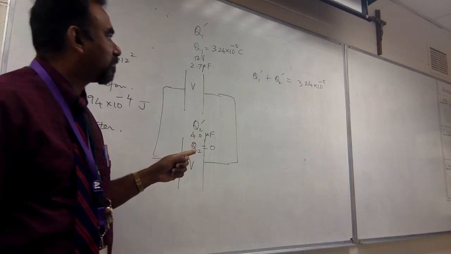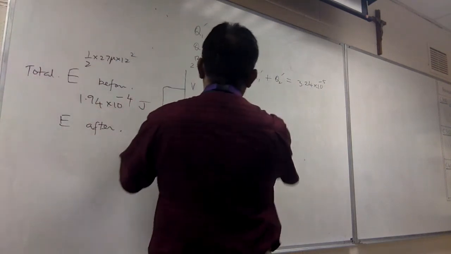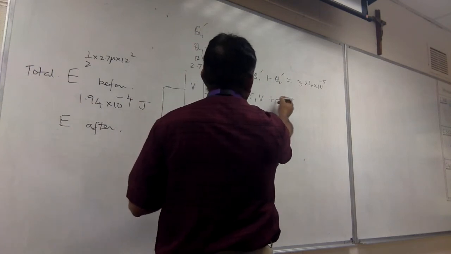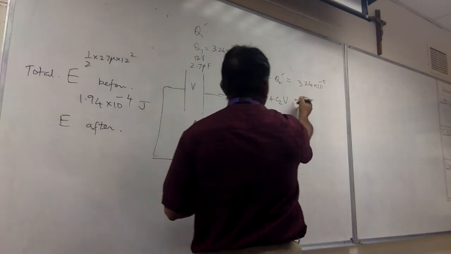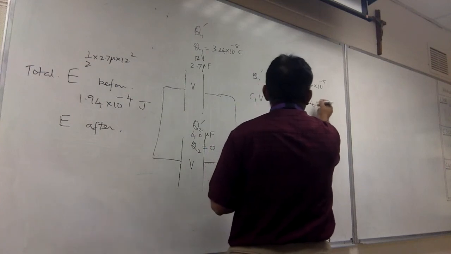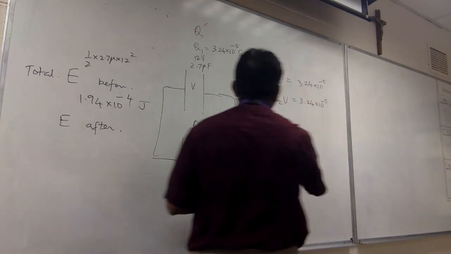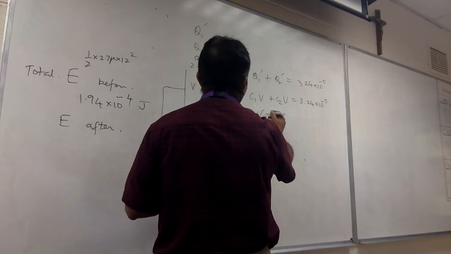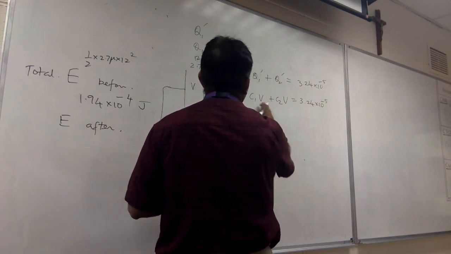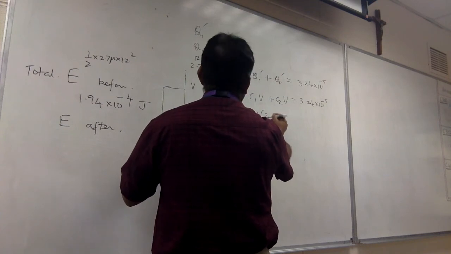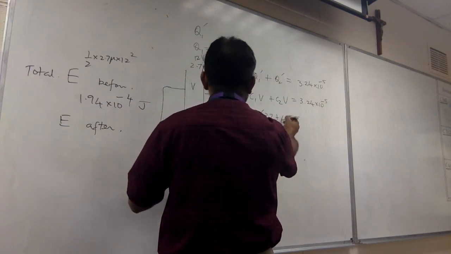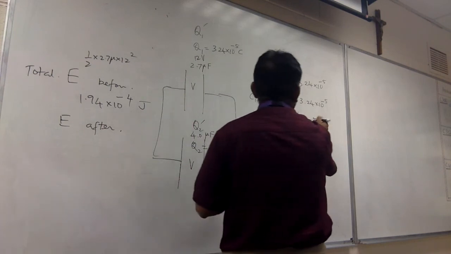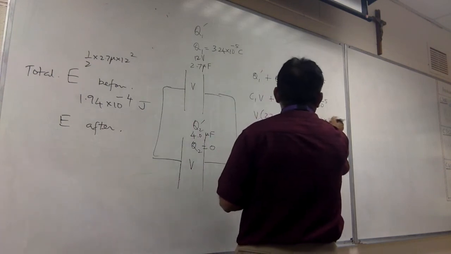And this one is C1V plus C2V is equal to 3.24 times 10 power negative 5. So V times C1 plus C2. C1 is 2.7 and C2 is 4.0 times 10 power negative 6 is equal to 3.24 times 10 power negative 5. So what is V?